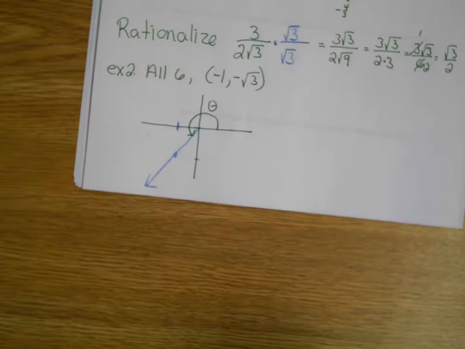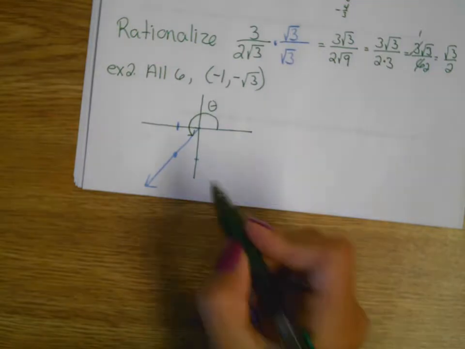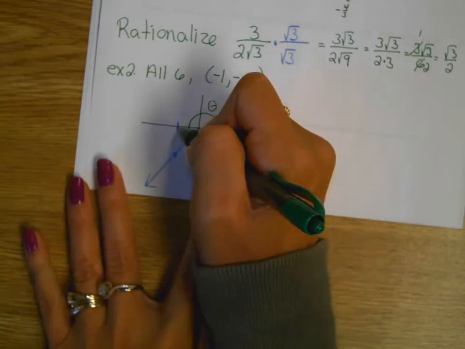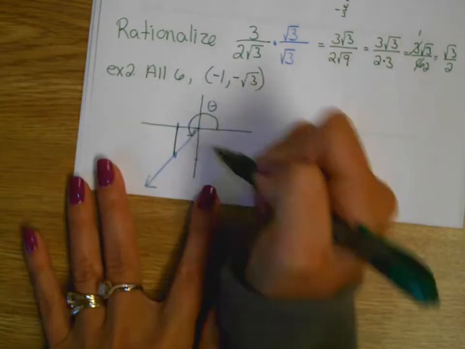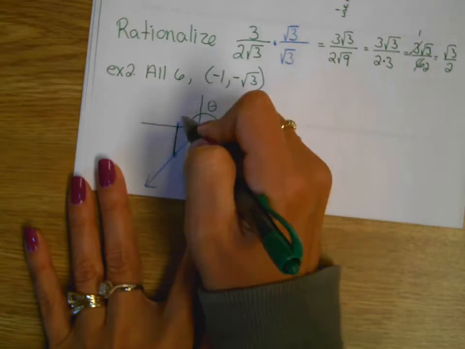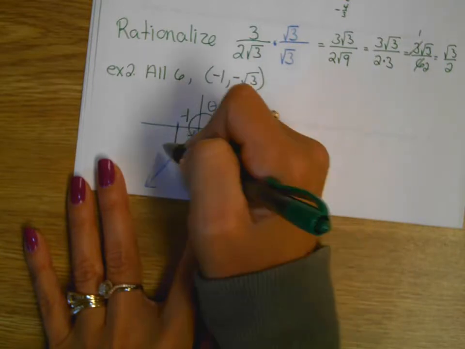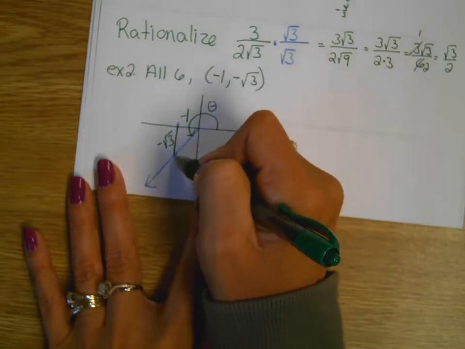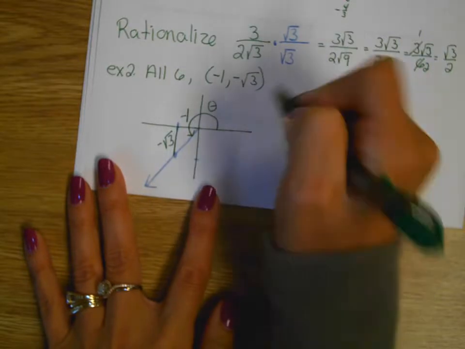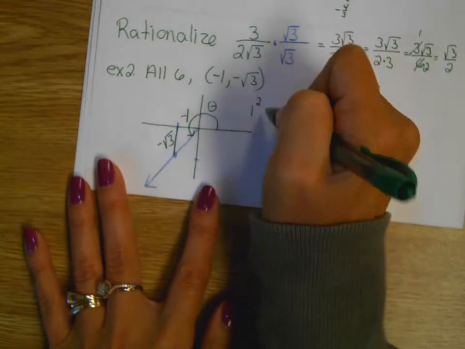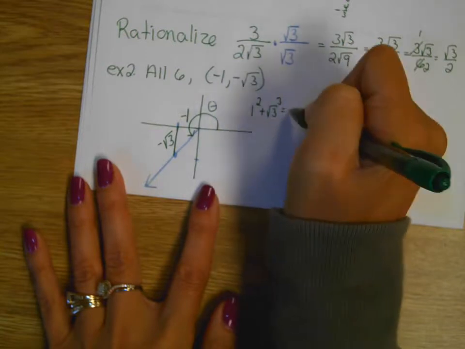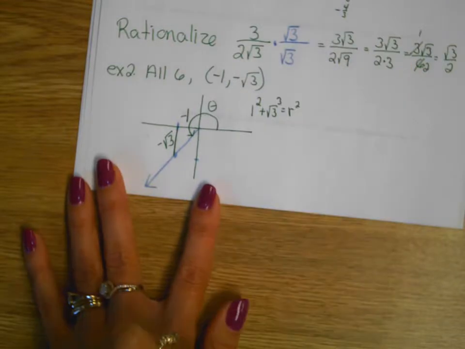If we want all 6 ratios, we need a triangle. Always make your triangle back to the x-axis. I'll see people do it to the y-axis. It's not quite right. Don't do that. Always back to the x. Put your values on. Our x is a -1. Our y is a negative square root of 3. We do have to do Pythagorean theorem because we're not on the unit circle. I know it's not going to equal 1. So a little Pythagit. 1 squared plus square root of 3 squared equals our value of r squared.